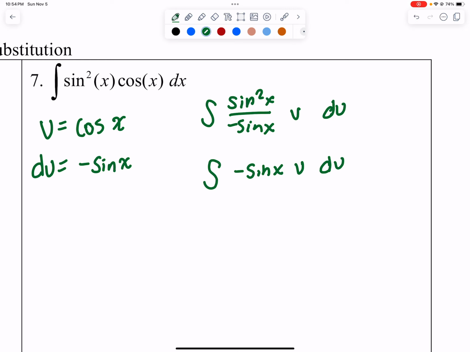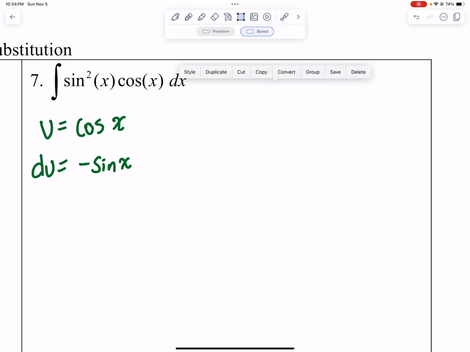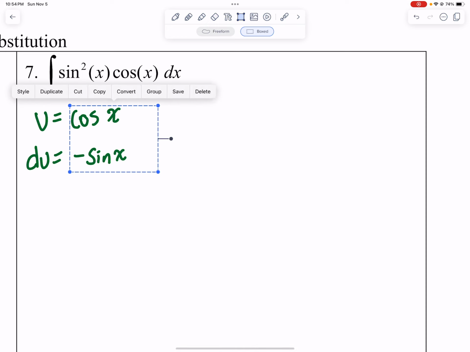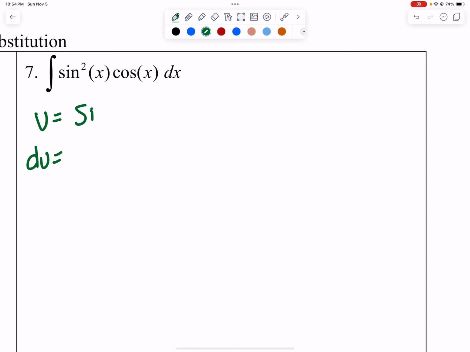Because I have two variables, x and u, I can't really choose cosine to be u, because I have an x right here and I have a u right here. I have two variables, and I don't want that. So that's why here we want sine to be u, and then cosine to be du.